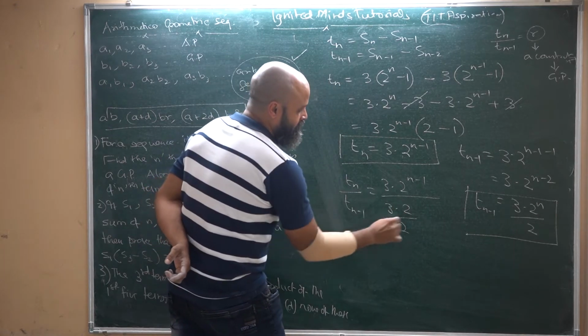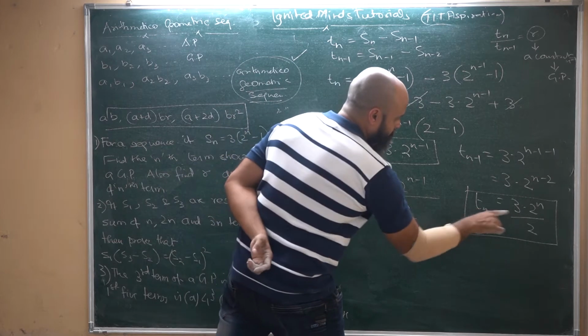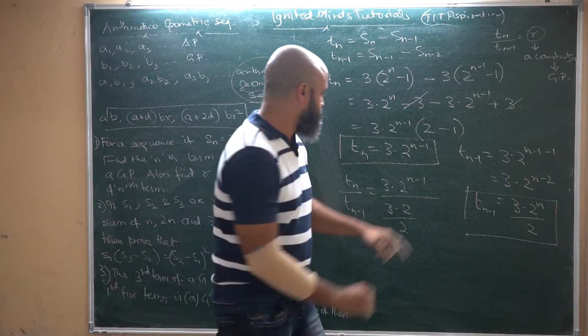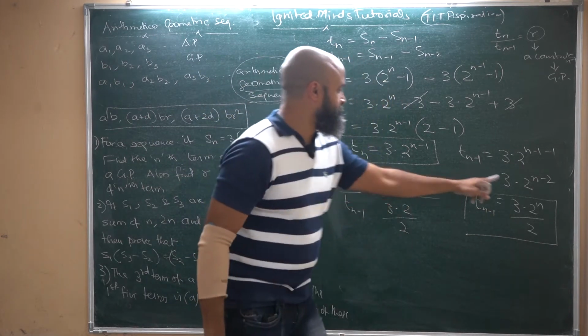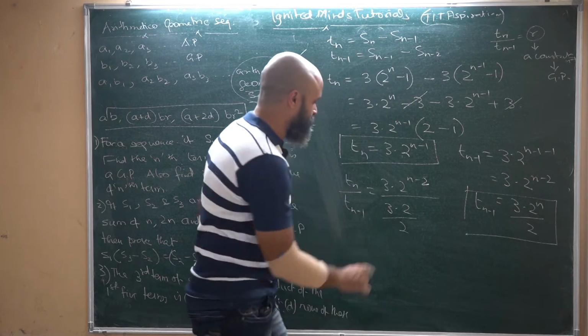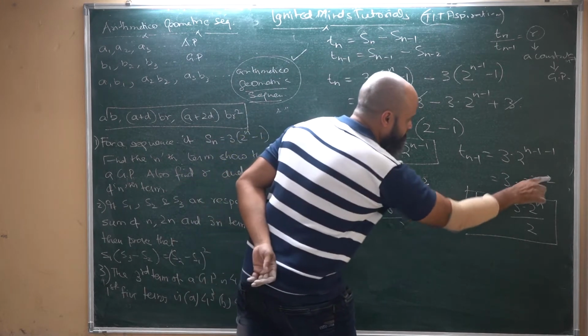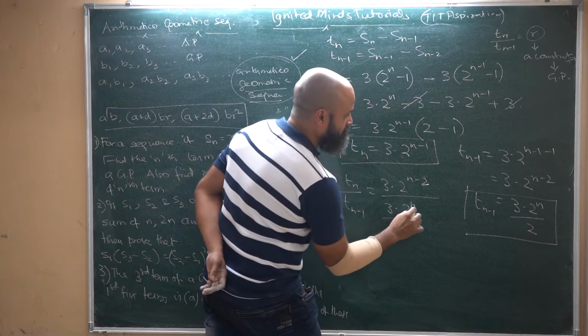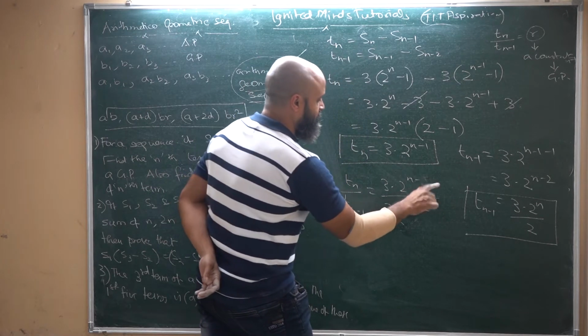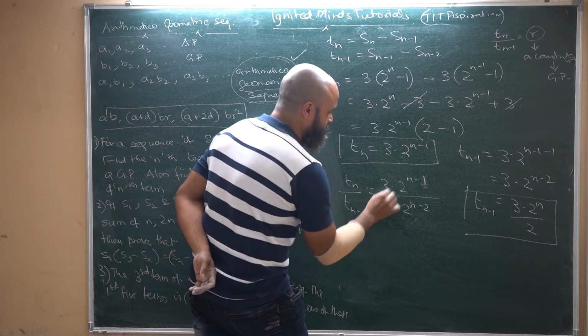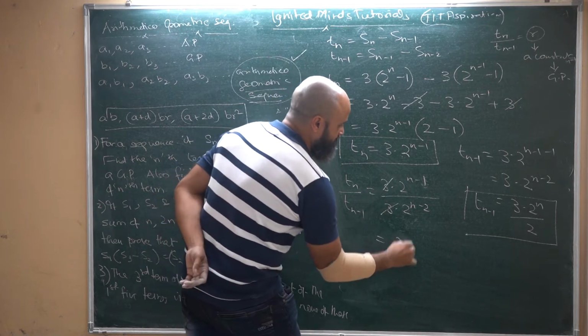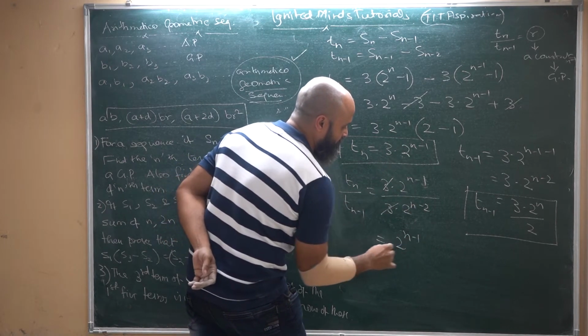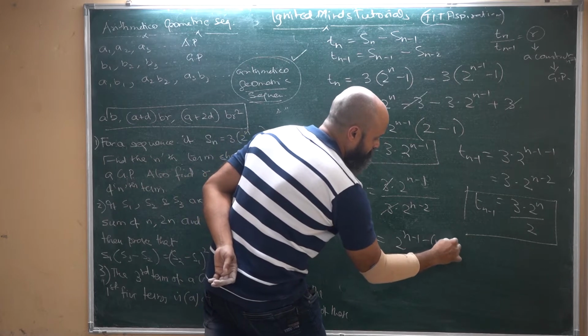So let's quickly look into this. This is T(n-2), I'm sorry, T(n-1) is 3 into 2^(n-2), and here we have 3 into 2^(n-1). This 3 and this 3 get cancelled. We have here 2^((n-1)-(n-2)).